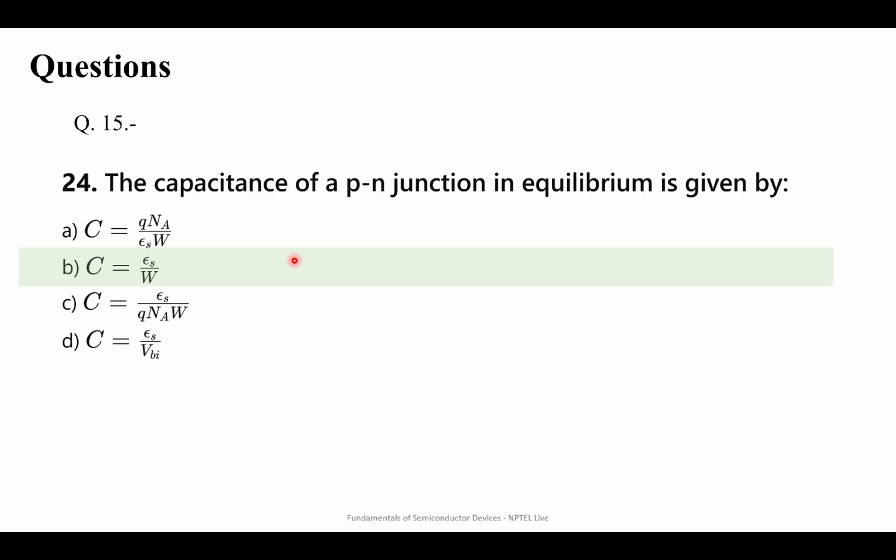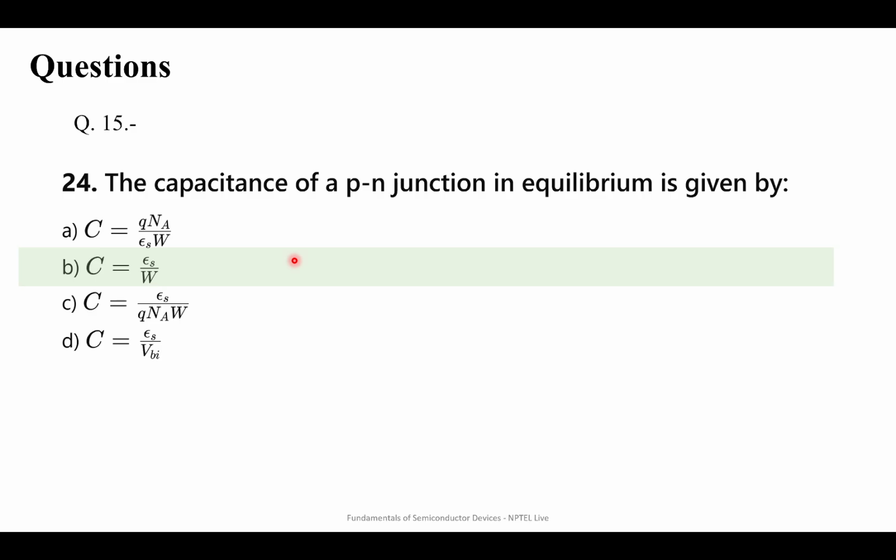Generally in semiconductors, we always talk in terms of per unit area, because we only take into consideration the length of the semiconductor. We don't take into consideration the width and the height, the thickness of the semiconductor. So we consider everything in terms of per unit area.